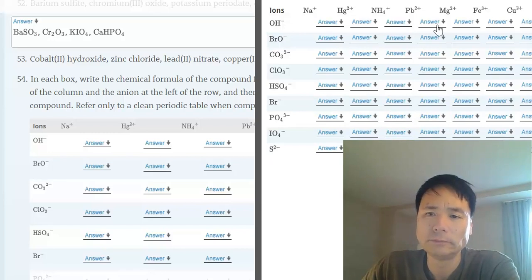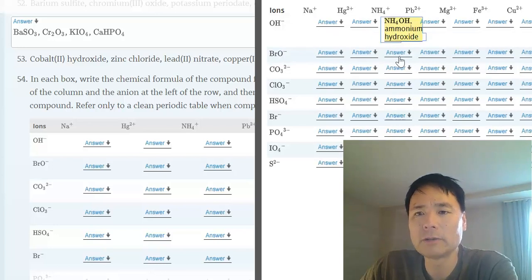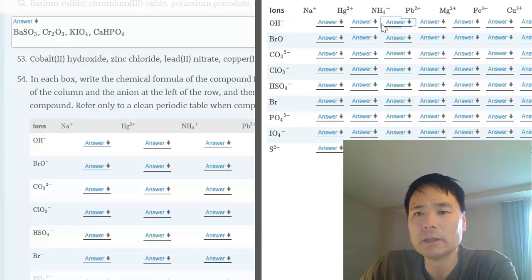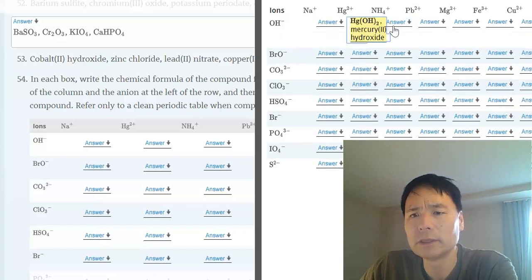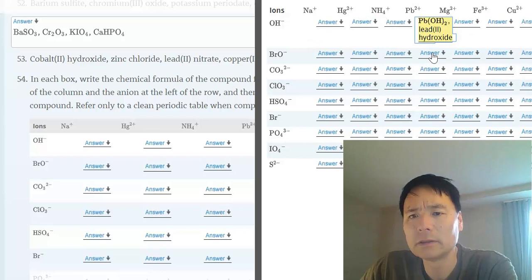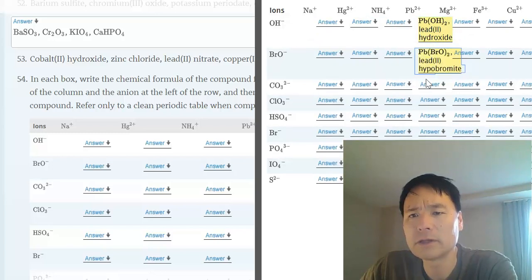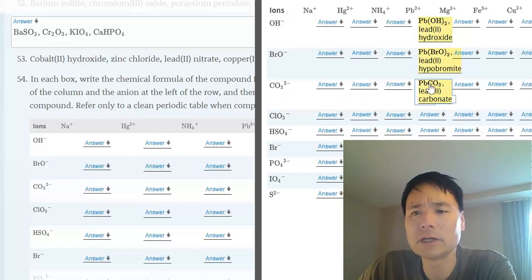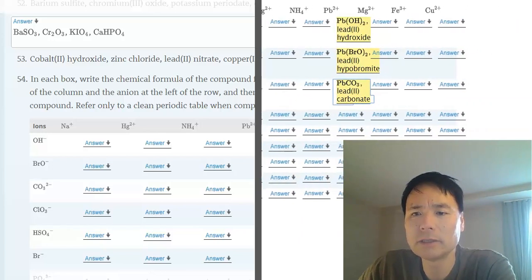Okay, and then continuing, lead(II) hydroxide. What's going on there? Okay, I'm offset by one here. Lead(II) hydroxide, lead(II) hypobromite, lead(II) carbonate. Okay, now let me scribble over here.